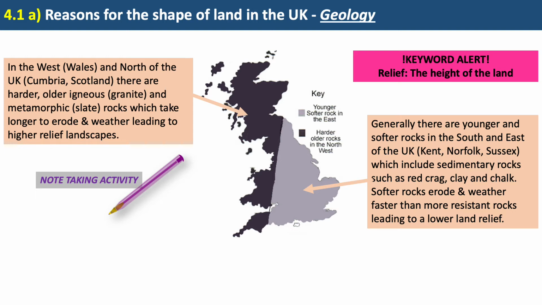Why is it that the east coast of England, for example, is prone to lots of coastal erosion? So think about why there is a lot of coastal erosion on the east coast of England and use the geology of that area to enable you to answer that question.